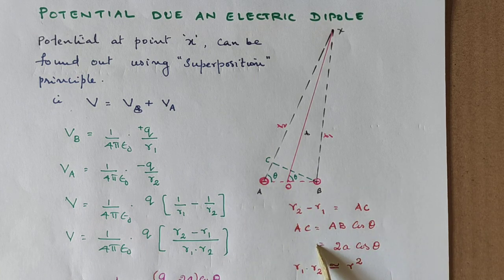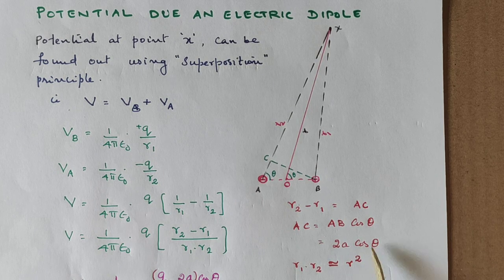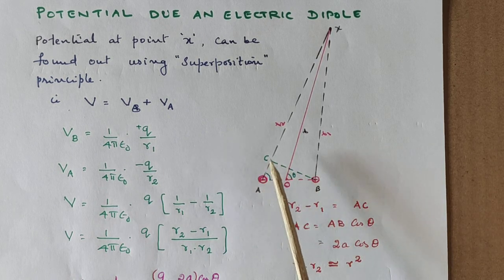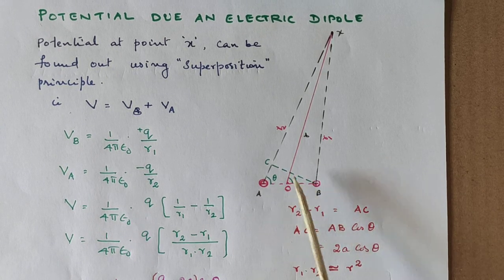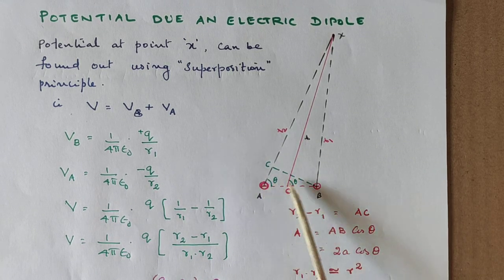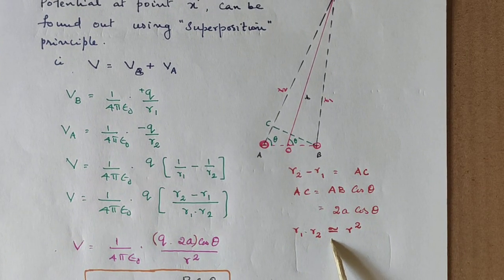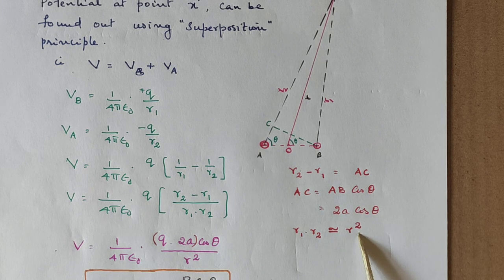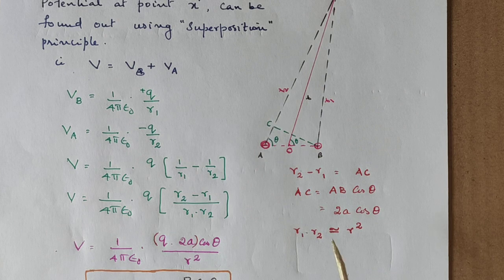And that distance AC is equal to what? 2a cos theta, from the triangle ACB. Also, this angle theta and this angle theta are equal because this is a very short dipole. And also R1 into R2 is approximately equal to R squared because the distances are almost the same.